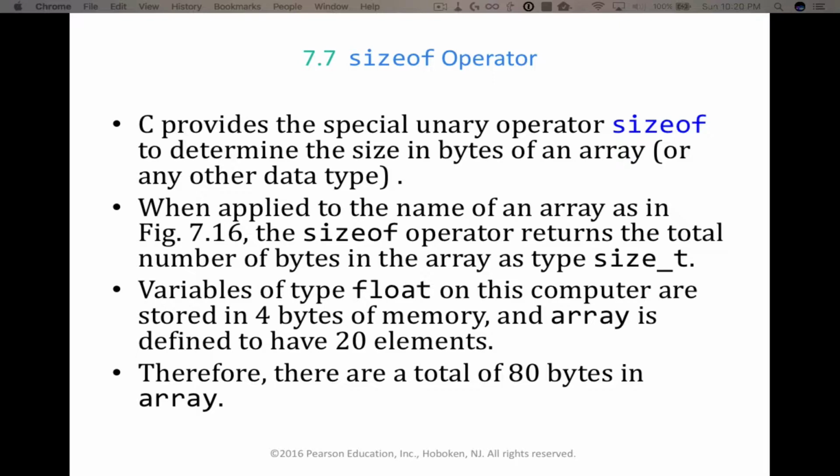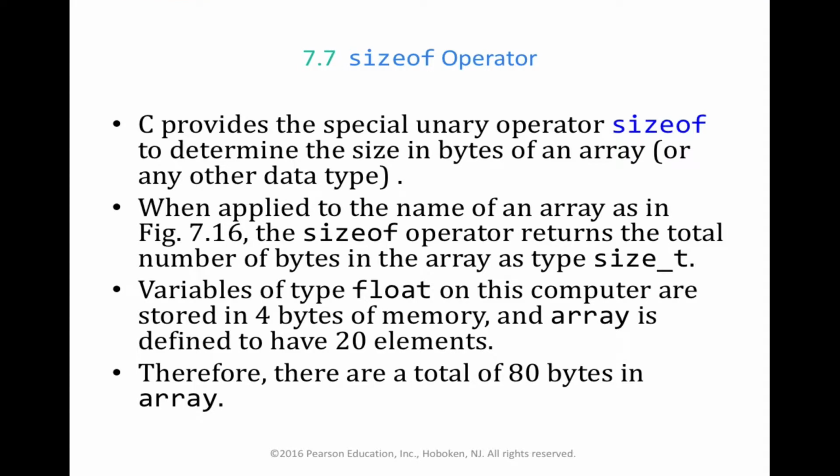The sizeof operator is a special operator that C provides to determine the number of bytes in an array or any other data type. If we apply the sizeof operator to the array that we're going to see in the next program in figure 7.16, it's going to return the total number of bytes in the array as a size_t, which is an unsigned integer.